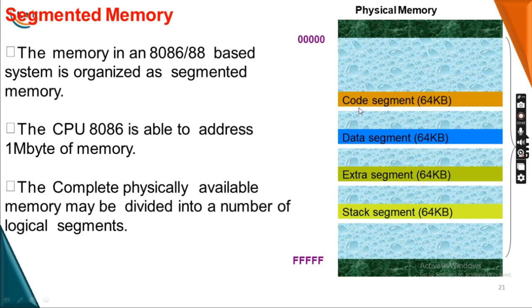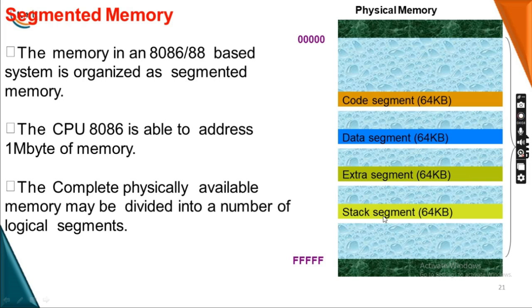The physical memory is divided into 4 segments: the first segment is the code segment, the second is the data segment, the third one is the extra segment, and the fourth one is the stack segment.